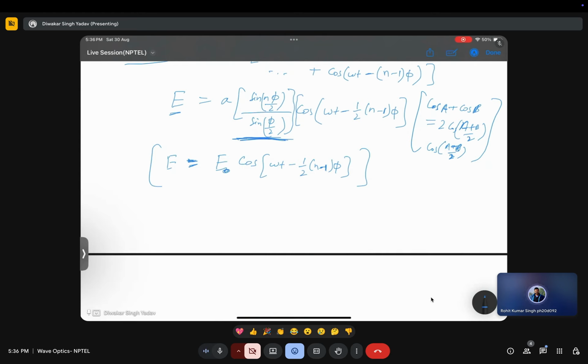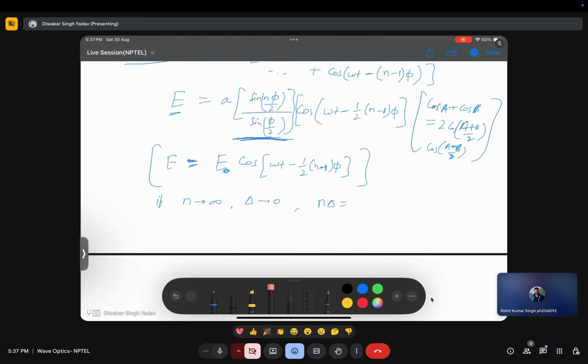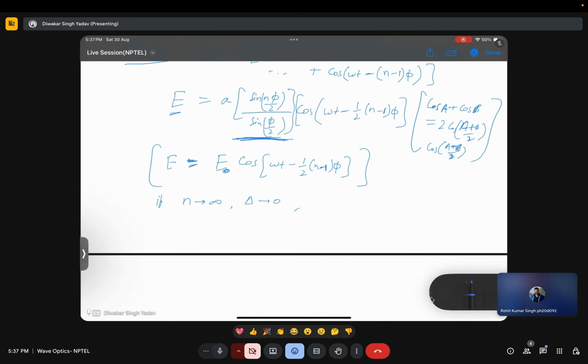So if now we make infinite divisions of the slit, n goes to infinity, and this delta, the distance between the divisions, becomes smaller and smaller and tends to 0. Then in that limit, b, the slit width, is nothing but n delta.